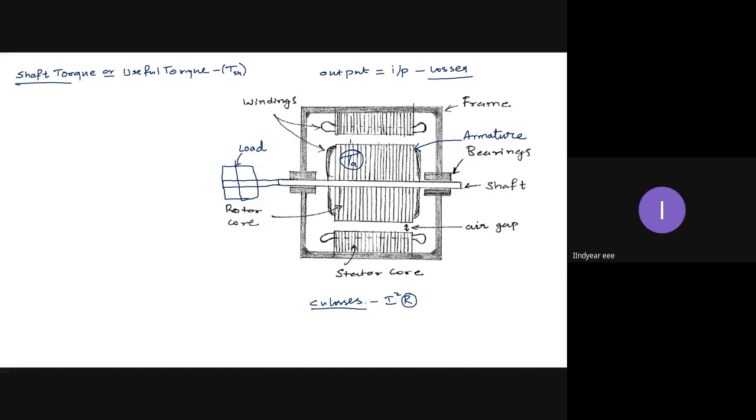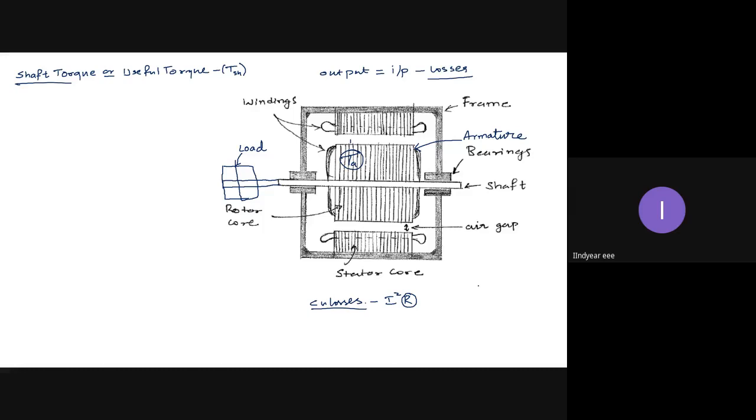The same thing is happening at every part of the machine, not only one or two parts. Now observe, I have connected the armature supply. Field supply is given, that is a different part. Let us not worry about field losses here. Let us concentrate only on armature losses.